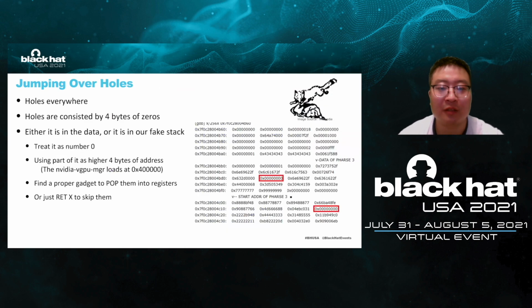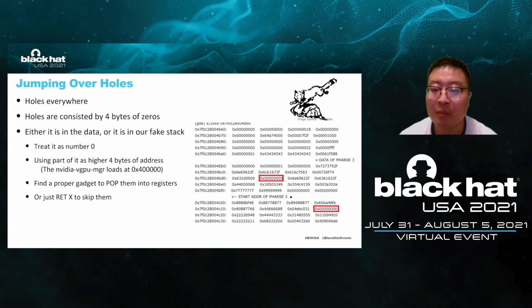Now let's deal with these holes. Regarding these memory holes, we can use those holes cleverly when we adjust the memory layout. For example, we can treat them as the number 0 or use 4 bytes as a higher 32 bits of address.